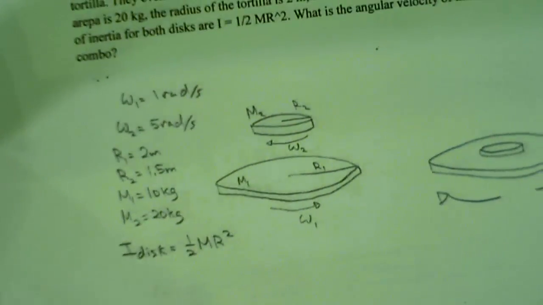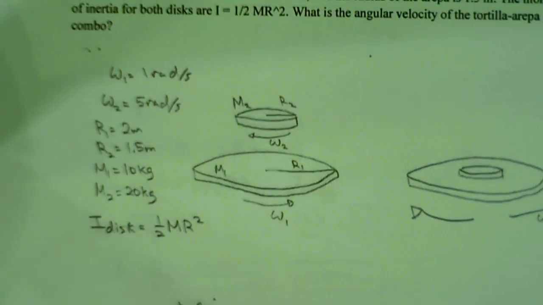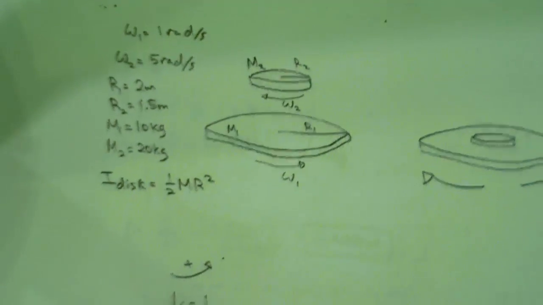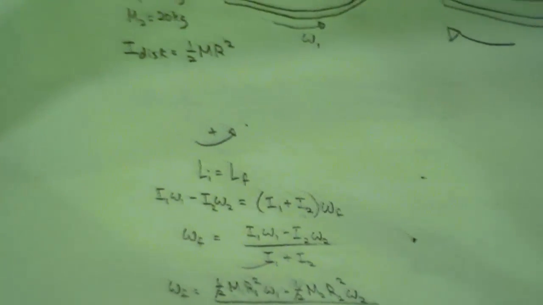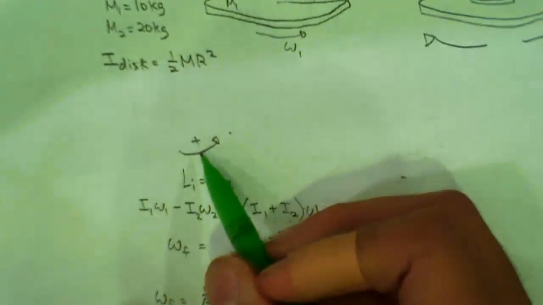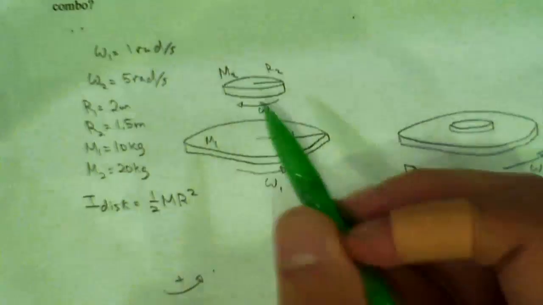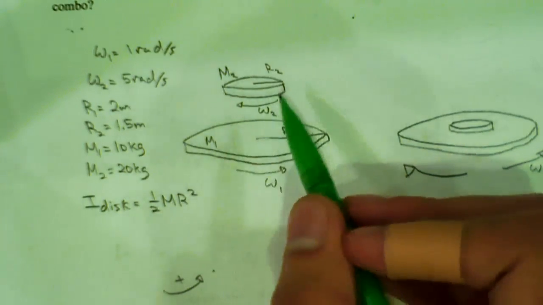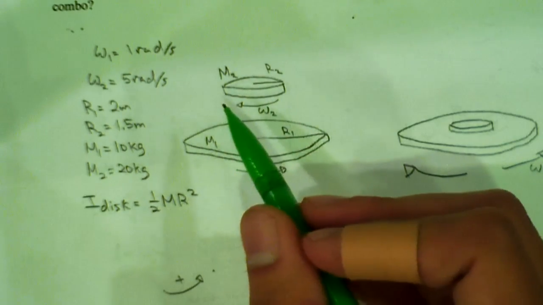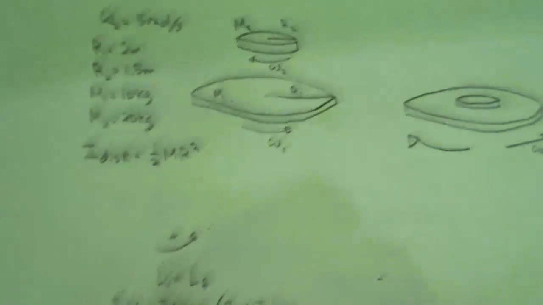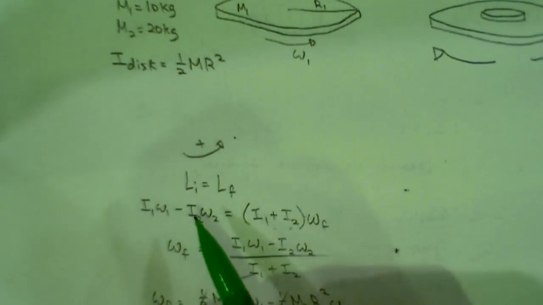No? Can you repeat what you said before about the radius? Like it was negative before, but then you accommodated that for... Okay. So when I did this analysis, I said this is the positive direction. If we look initially, the arepa is spinning in the other direction, so that's going to be a negative angular momentum. So I just threw the negative sign right here.